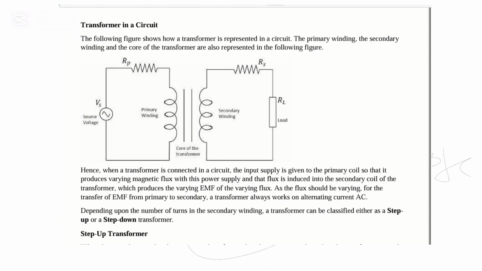Let's start with the primary winding. So this is the primary winding of the transformer. The secondary winding, this is the secondary winding of the transformer. And the core, so this is the core of the transformer. This one here.